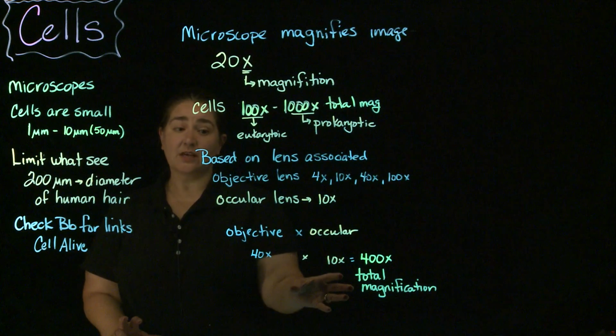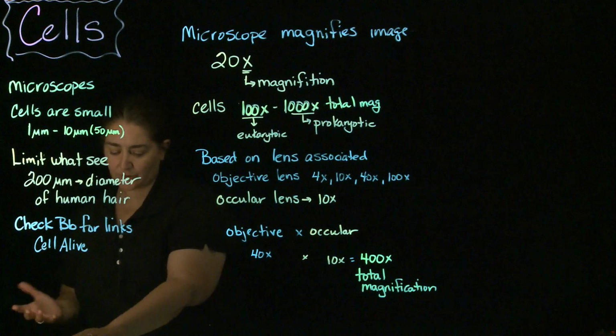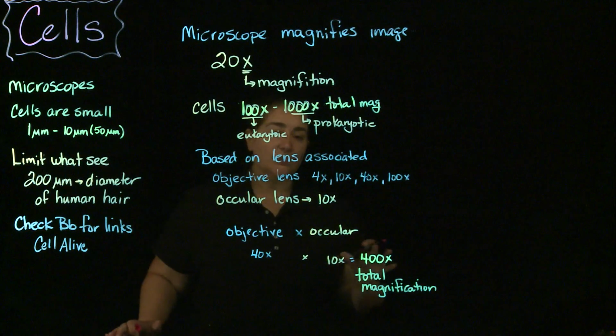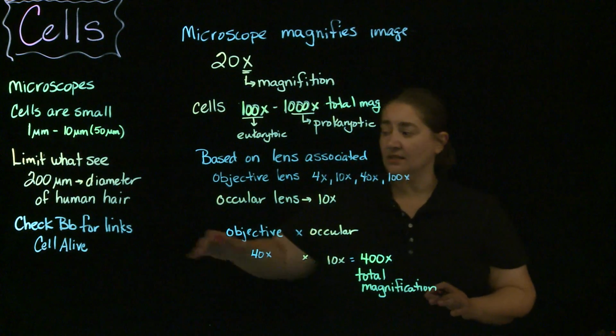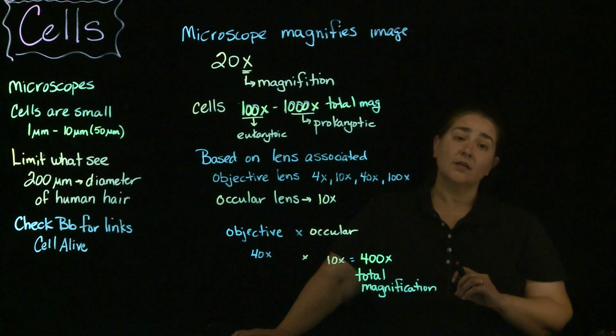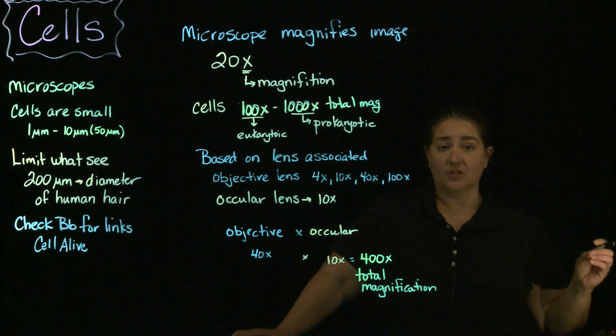So I expect you to be able to tell me what total magnification is associated with some number that I give you. And what you'll see, if you go to the Cells Alive site or the virtual microscope, you'll see differences in what you can see at various magnifications.